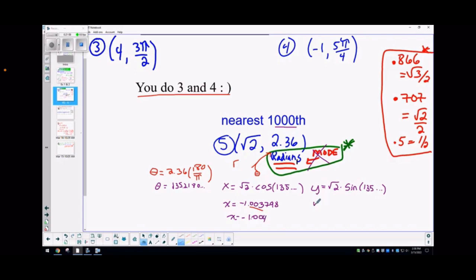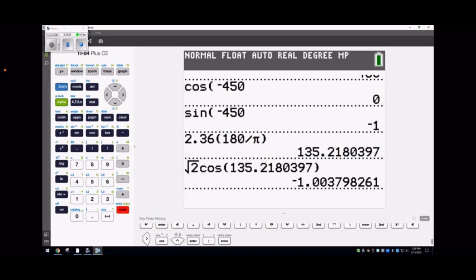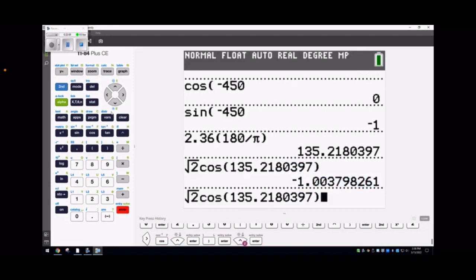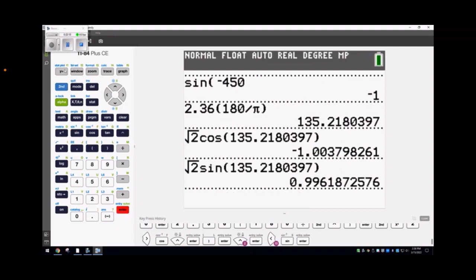Okay, now we're going to do the same thing for the sine value, right? We're going to type the whole expression in. I don't know if you know this with your calculator, but I'm going to grab the cosine one and then scroll over so that the cursor is on top of the word cosine, and then hit sine, and it saves you from retyping all that.